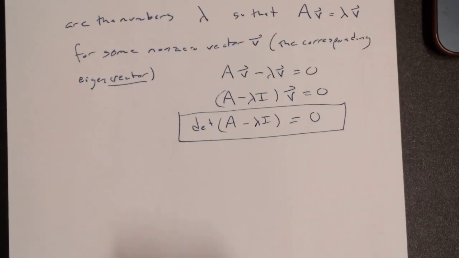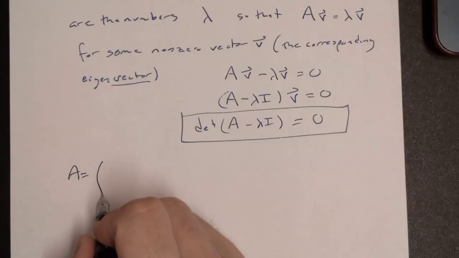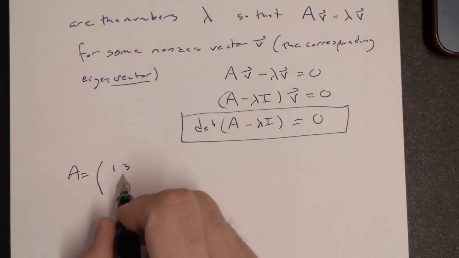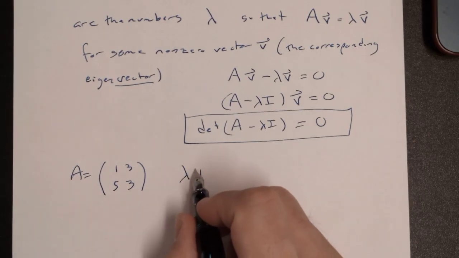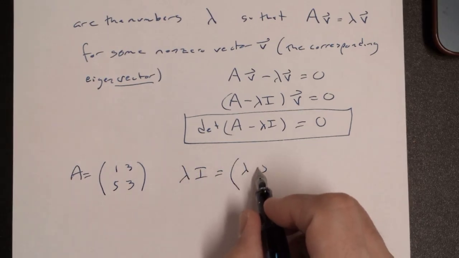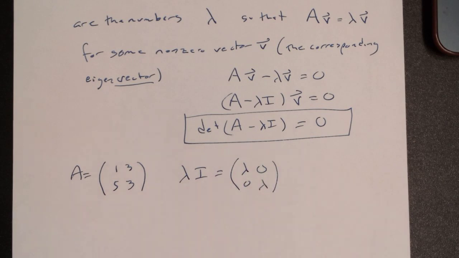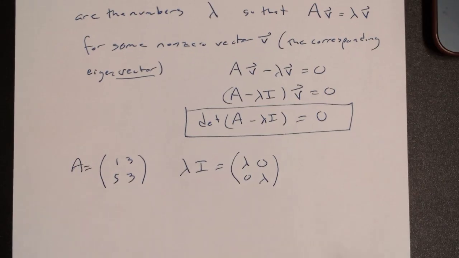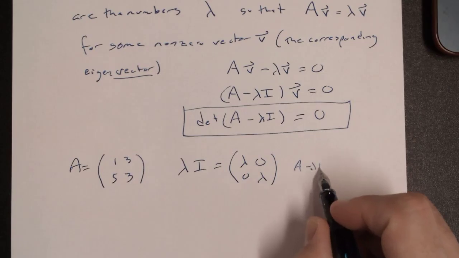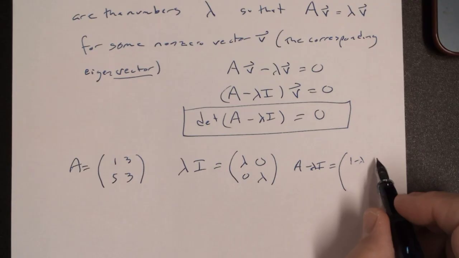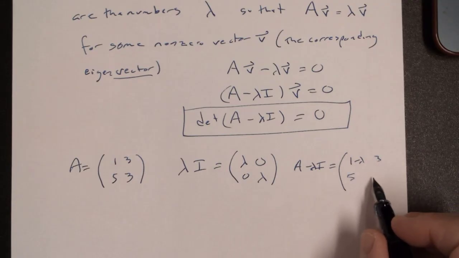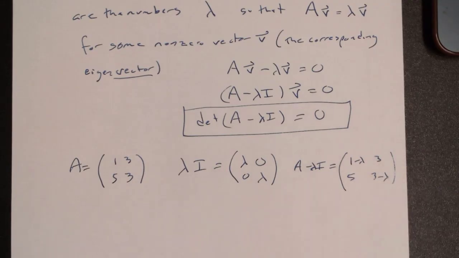Okay. So my matrix A was 1, 3, 5, 3. Lambda times the identity is lambda, 0, 0, lambda. The lambdas only go down the main diagonal like that. I'm going to subtract. A minus lambda I is 1 minus lambda, 3, 5, 3 minus lambda.